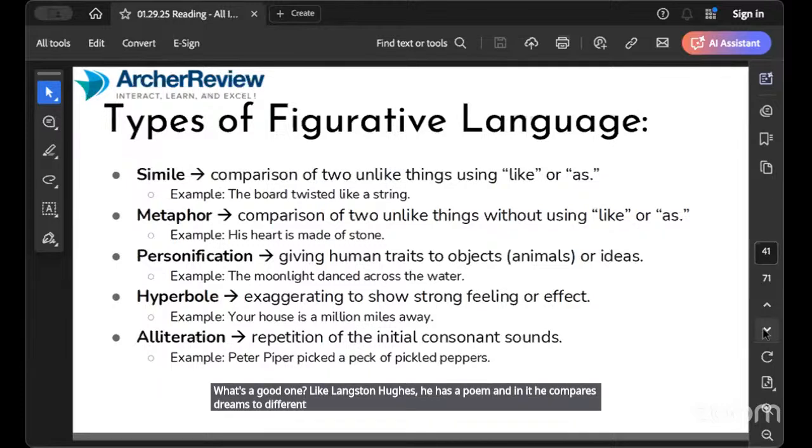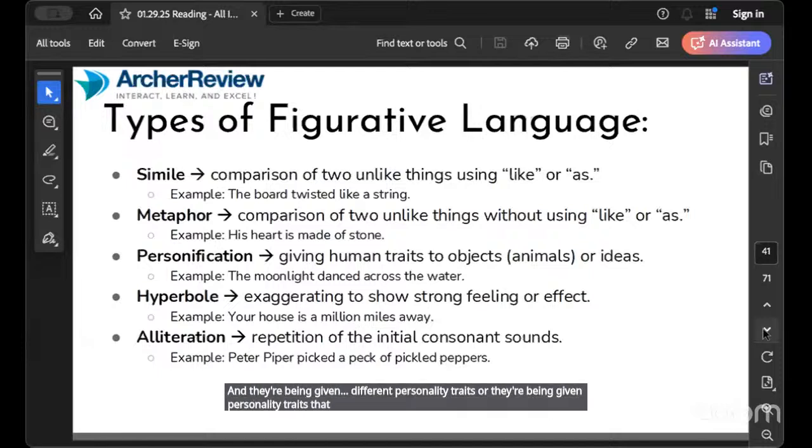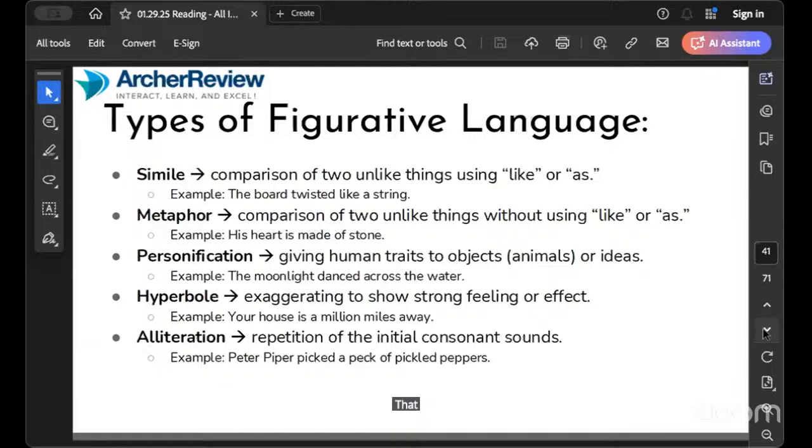Well, dreams are ideas, and they're being given personality traits or characteristics that are not typical of an abstract concept of a dream. That is also to be considered personification.